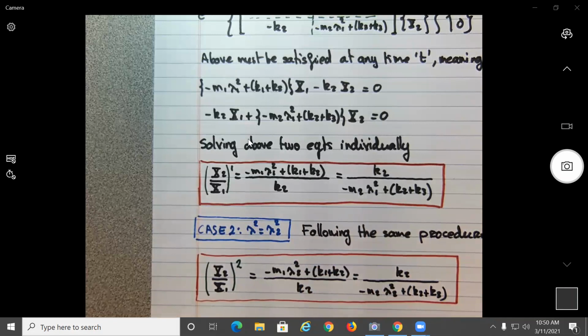Again, I'm doing everything symbolic. This is a lot easier once you start putting numbers.